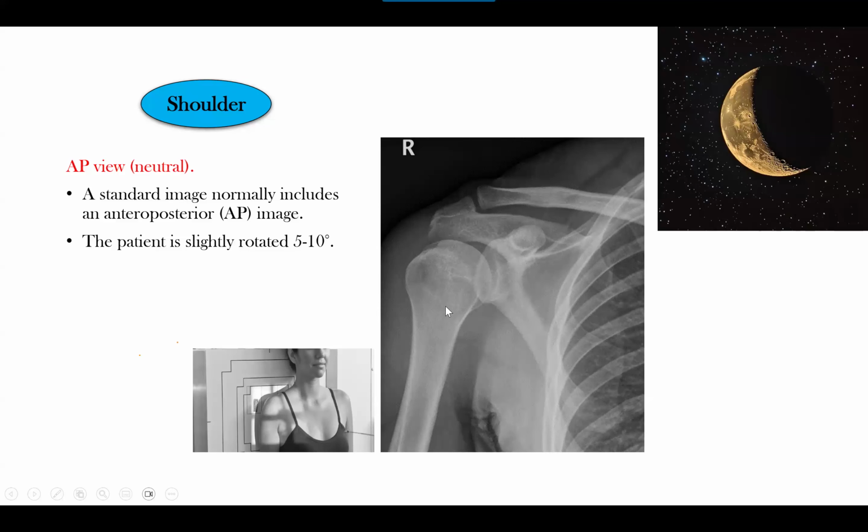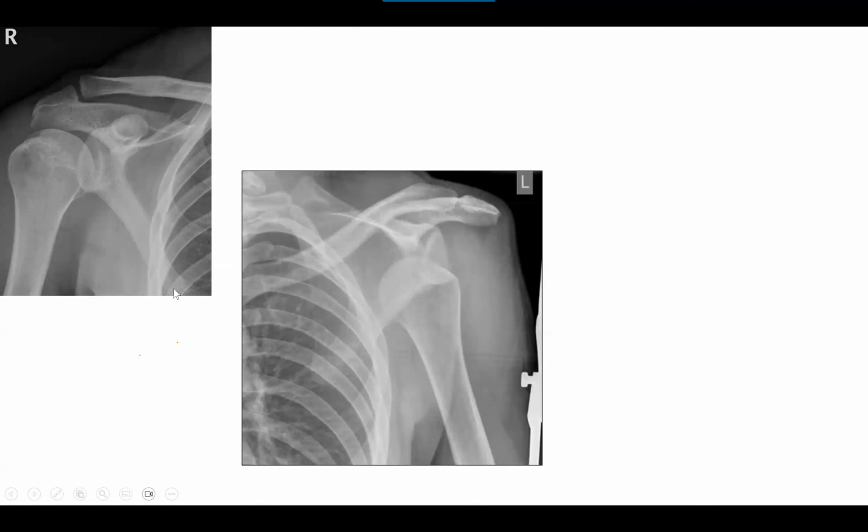It's called neutral. We have some overlap here. It's called the half moon sign, a very important sign. There is overlap between the glenoid fossa and the humeral head. It's a half moon. This is the AP view, but not a true AP. I'll tell you what the true view is later.